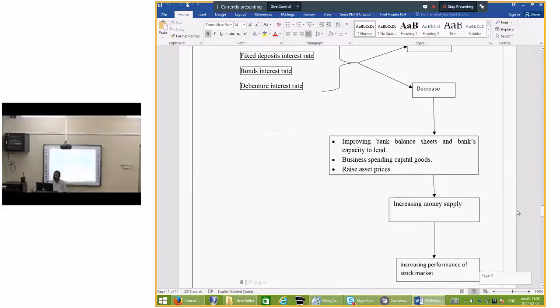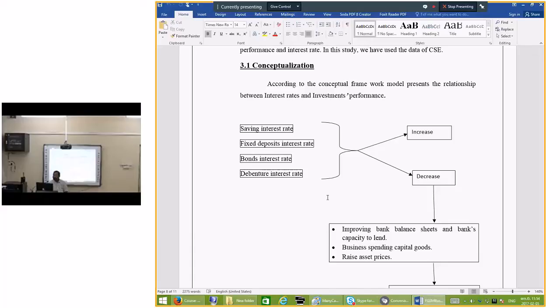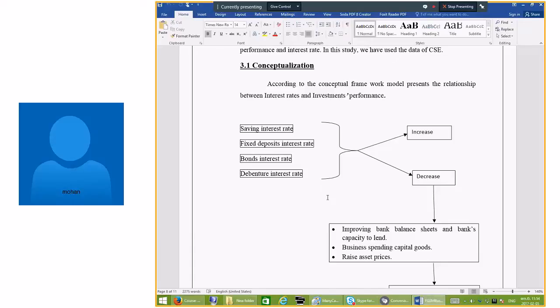The conceptual framework is the relationship between the interest rate and the performance of the market. What is the time framework? Time frame means time period, research time.